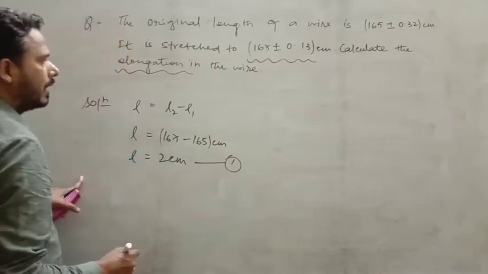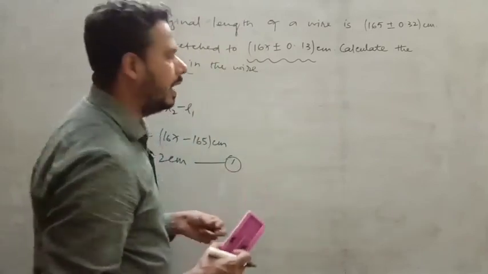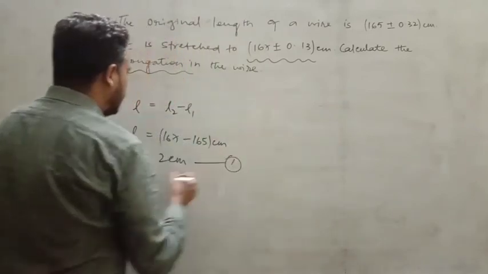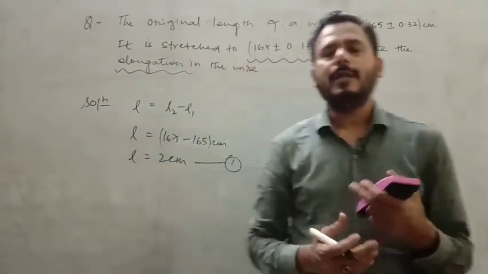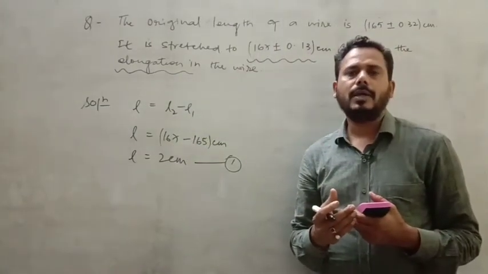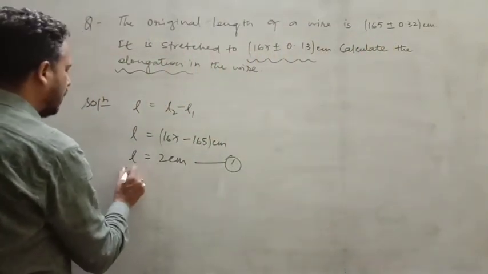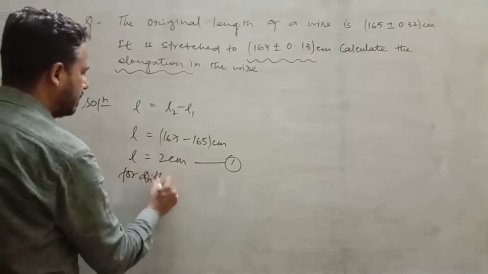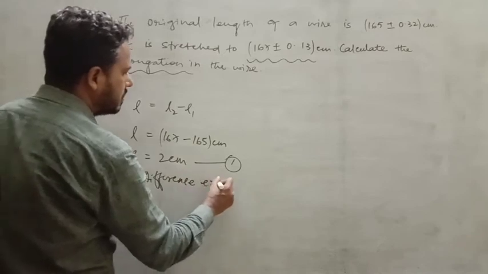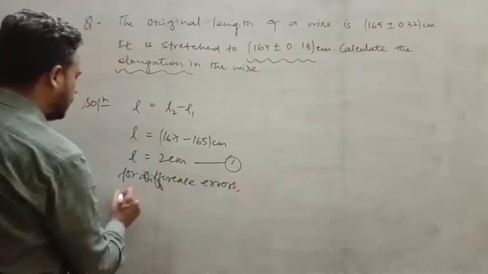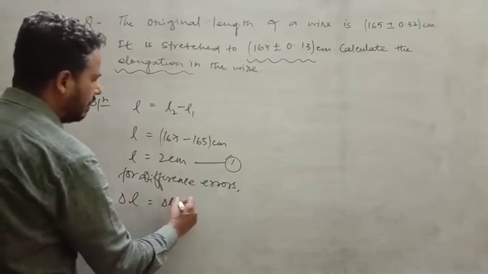And now from here you have to calculate the difference in error. How can you calculate the difference in error? Actually you have to take the maximum value in the difference in error. So let the difference in errors be delta L. This is delta L1 plus delta L2.